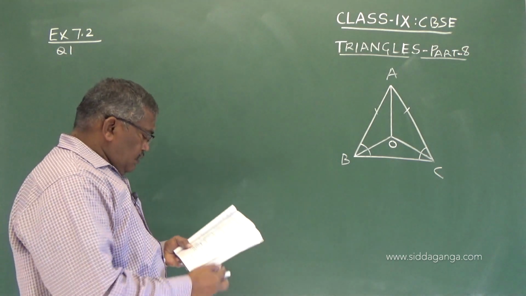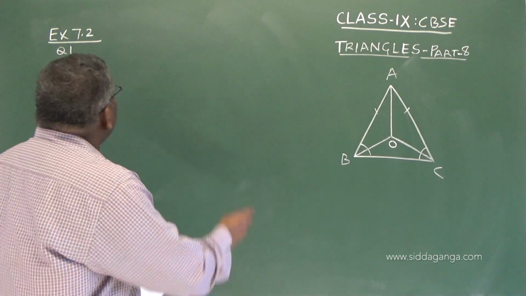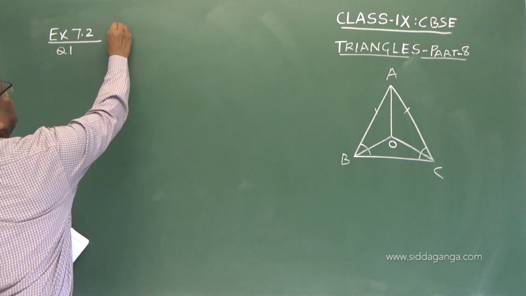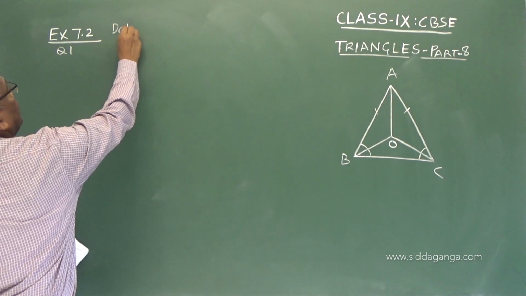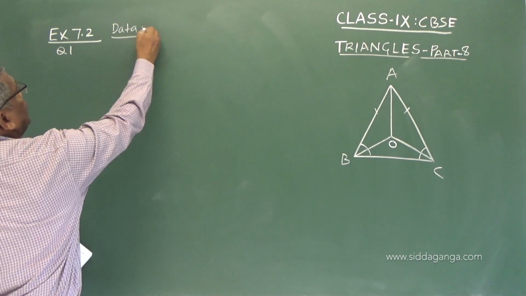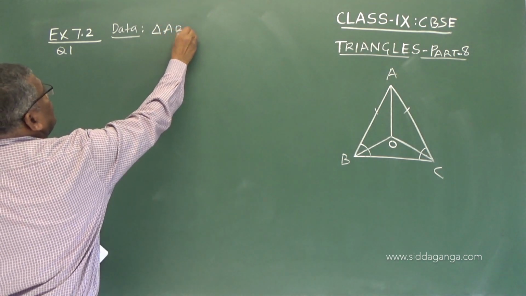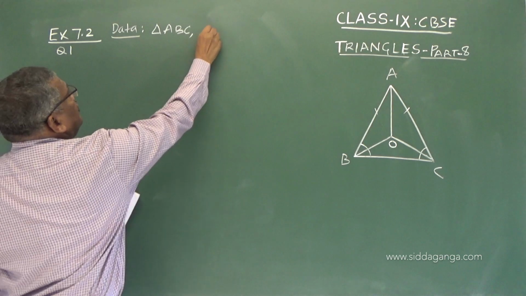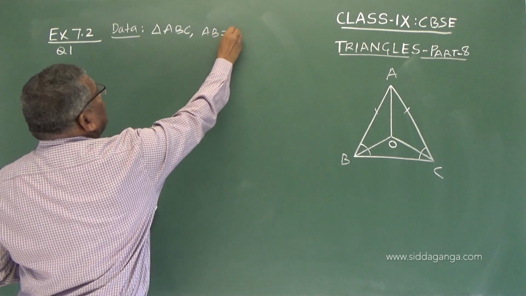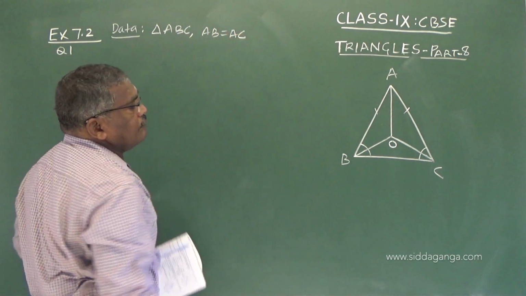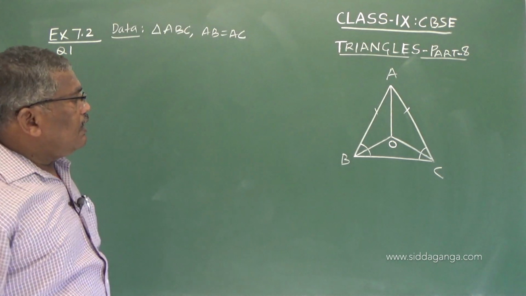Now, so the given data: triangle ABC with AB equals AC.